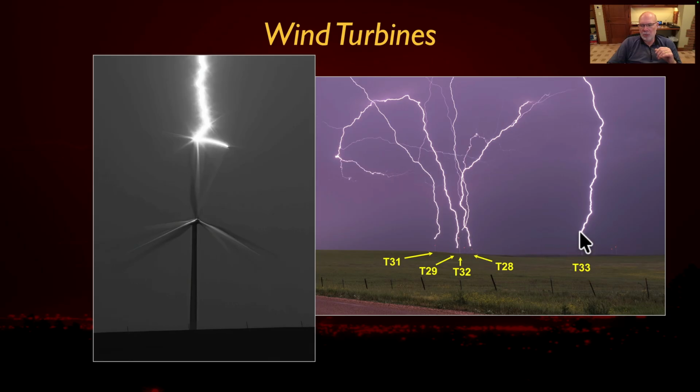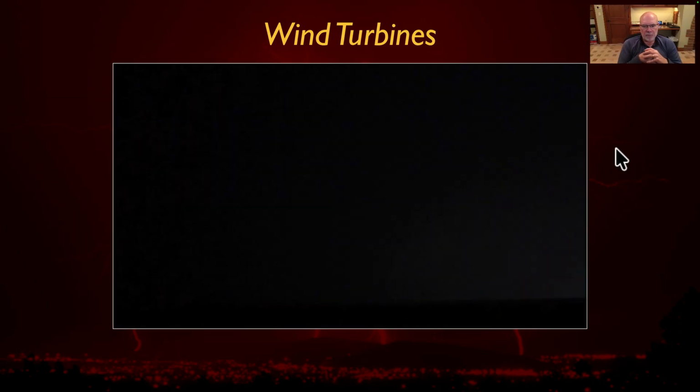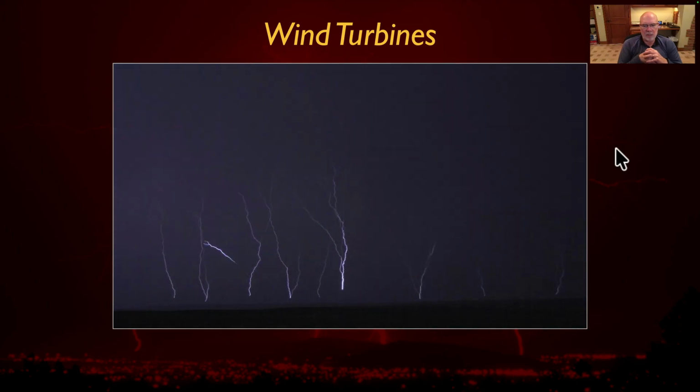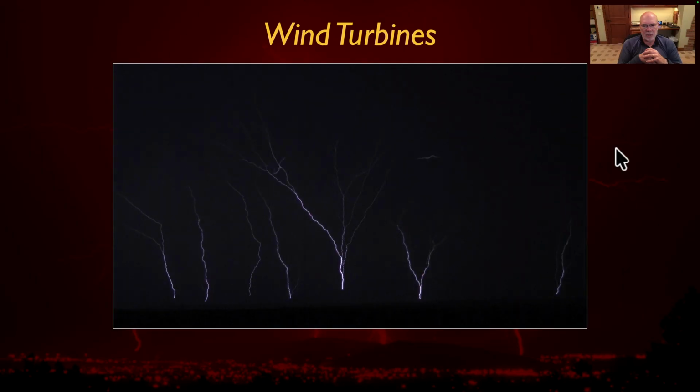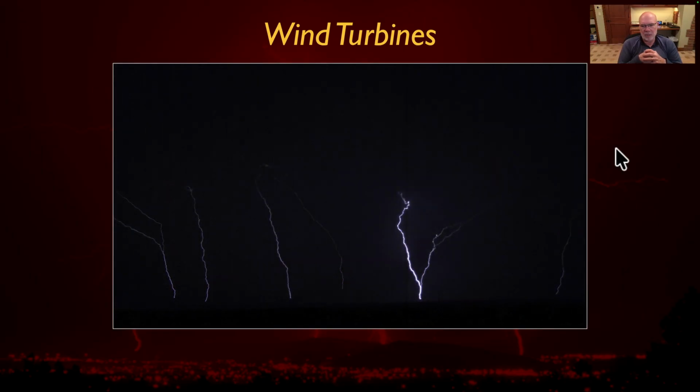And here's an example of an upward leader flash in which multiple wind turbines initiate upward positive leaders. This is one particular flash in which we have numerous wind turbines generating upward positive leaders in a single flash. So this is all during the same flash. There's a preceding negative leader in cloud, and in response we see all these wind turbines initiate upward positive leaders.